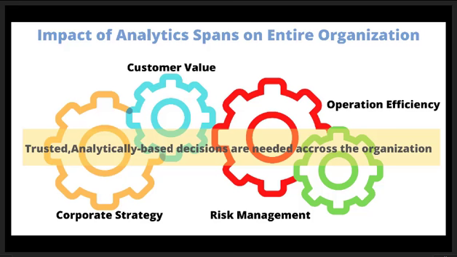Across all these activities analytics is used, and we can say today that analytics spans the entire organization. So finally, successful analytics is necessary for each business discipline, starting from planning, R&D, marketing, sales, finance, manufacturing, and IT.